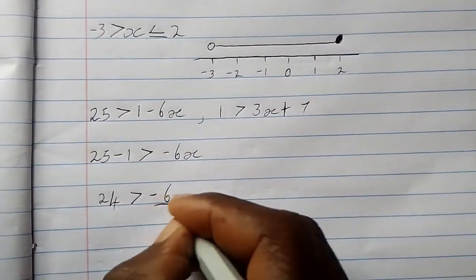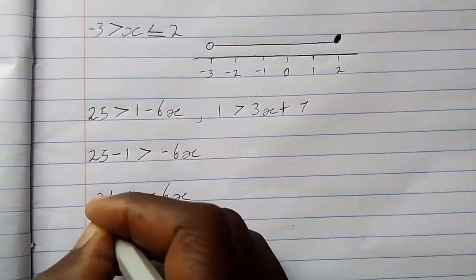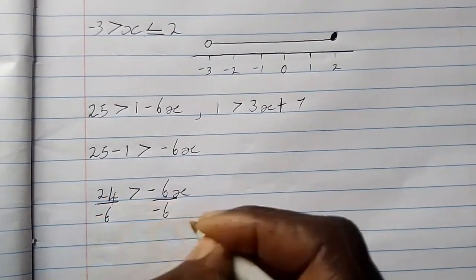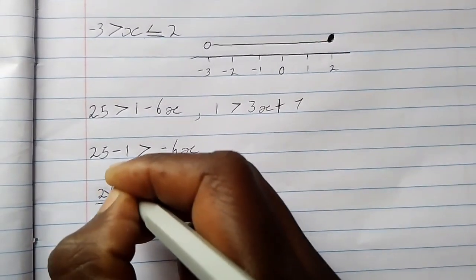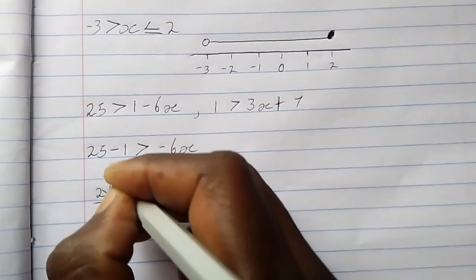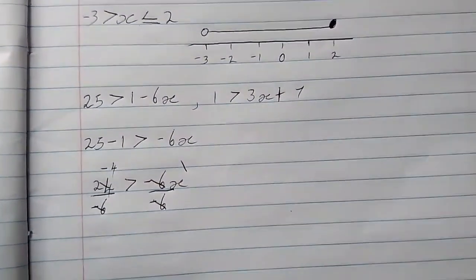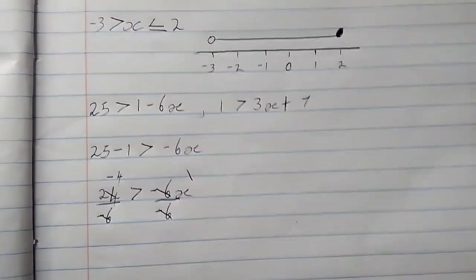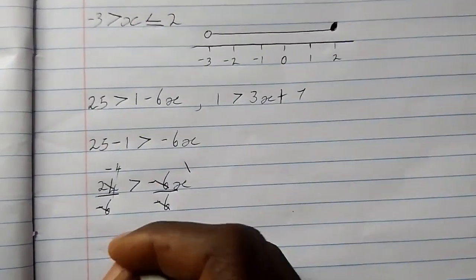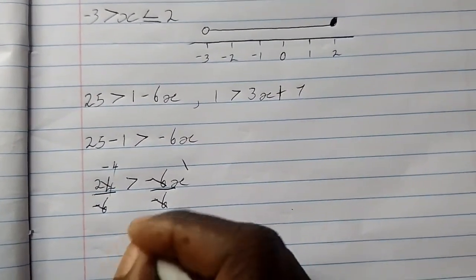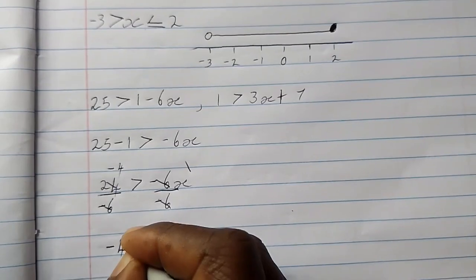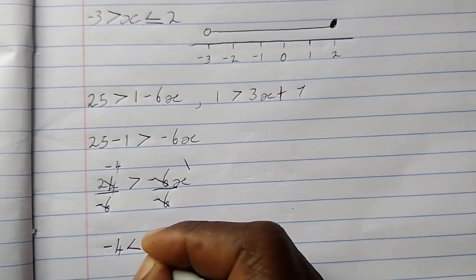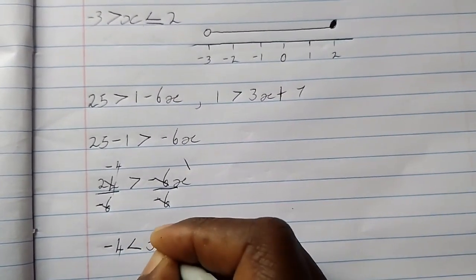Then we divide both sides by minus 6, and that's minus 4. Another thing, guys, always remember, if you divide by a negative number, the sign changes. So it's now minus 4 is less than x.